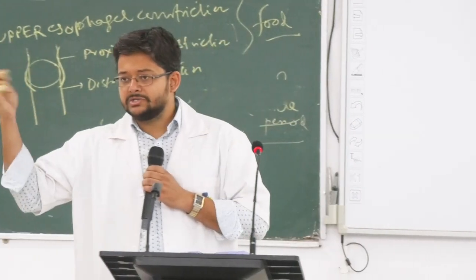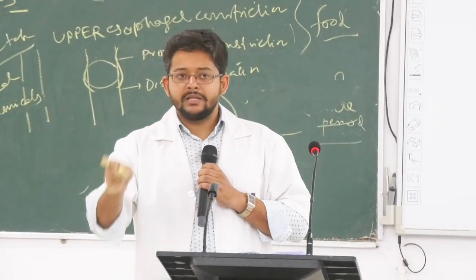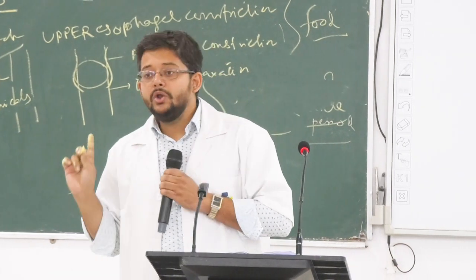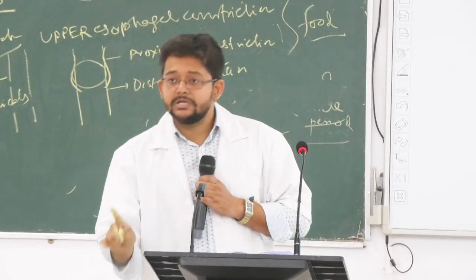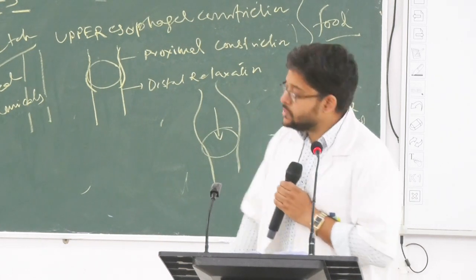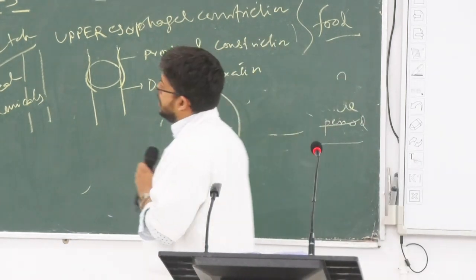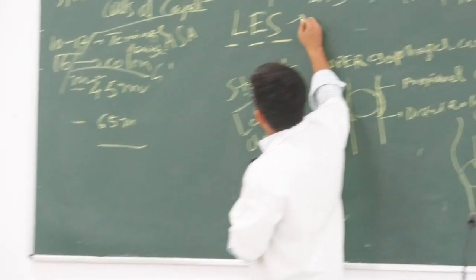Now food is almost at the door of the stomach and it is knocking at the door of the stomach. Here the door is formed by lower esophageal sphincter. Doorটা হচ্ছে lower esophageal sphincter. And who all creates the lower esophageal sphincter?